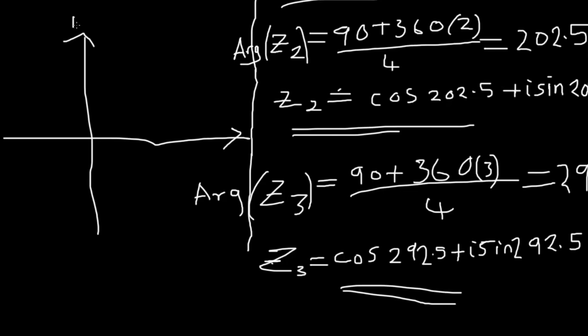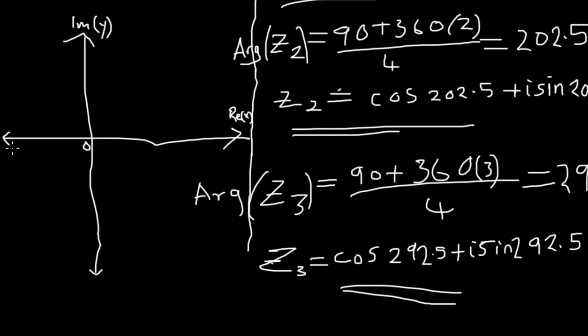So this is my imaginary axis Y, then this is my real axis X. This is 0, the origin, and of course this side is still going, this side is also still going.